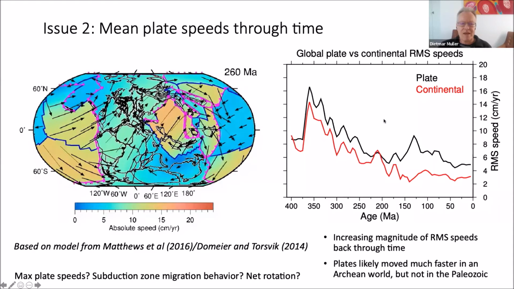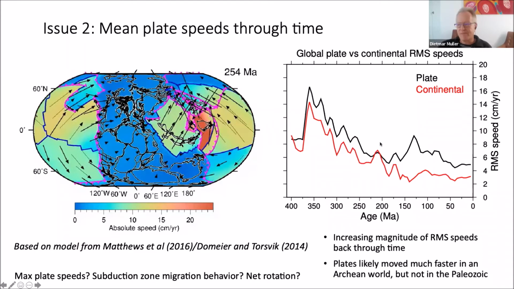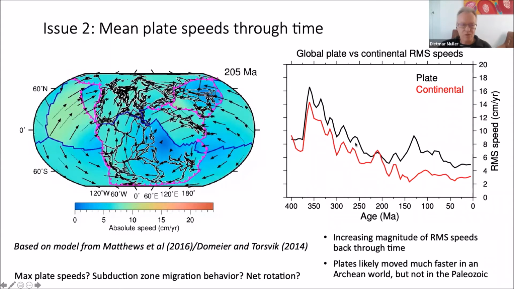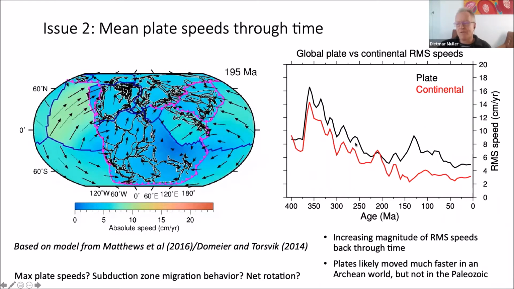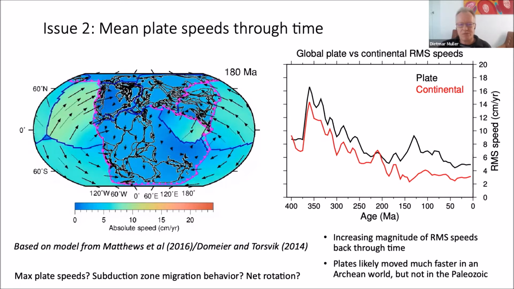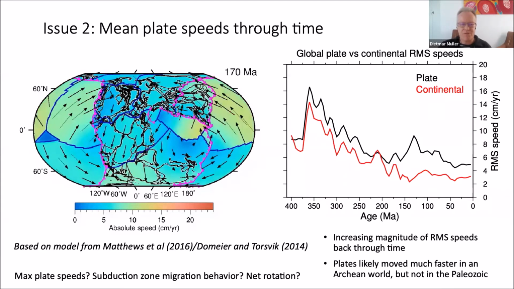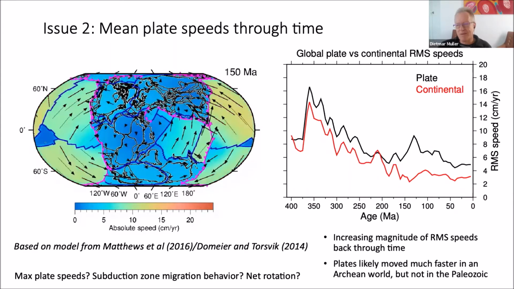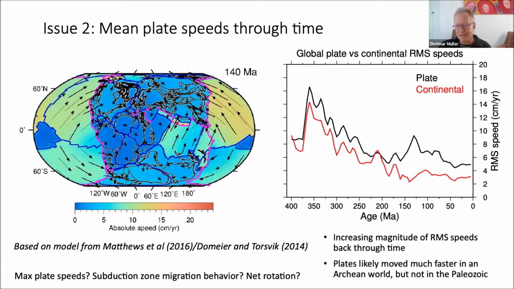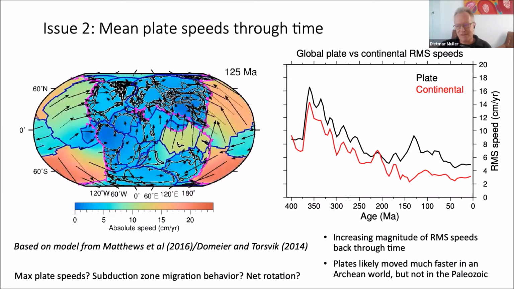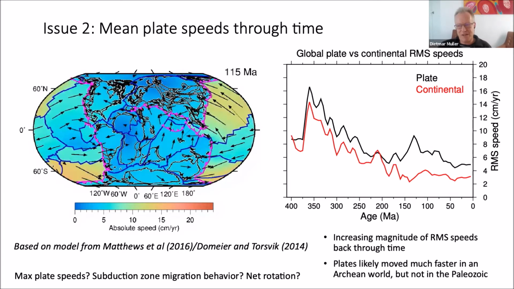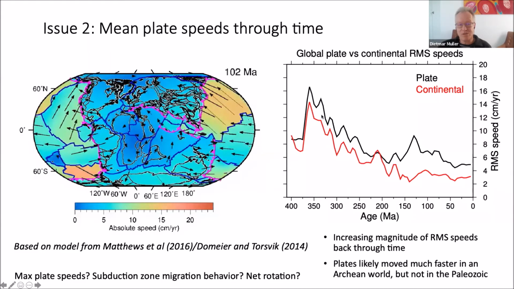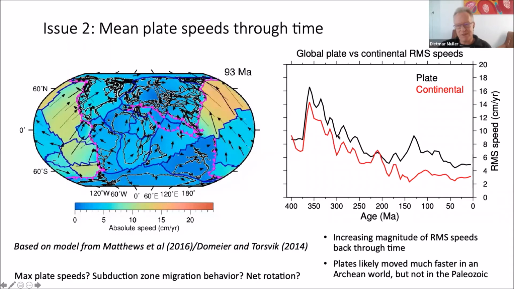And so what we see is that plate speeds increase and increase back through time before 200 million years ago. And so we have to ask ourselves, well, is that reasonable? Do we expect the plates to go faster and faster back in time into the Paleozoic? The speeds might have been much faster in the Archean, granted, right? But I don't think there's much of a good rationale behind the plates speeding up into the mid-Paleozoic. So I think the answer is no. We have no reason to expect that plates should behave this way.